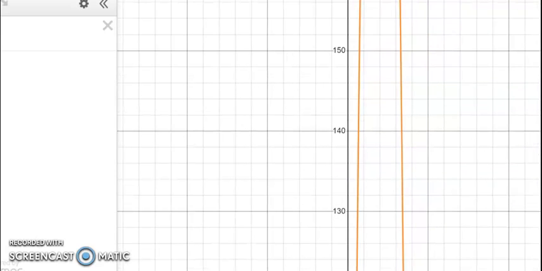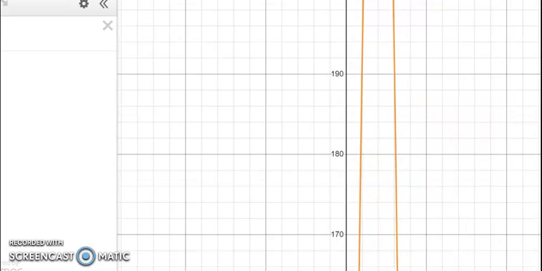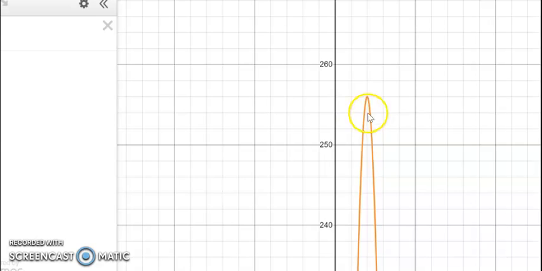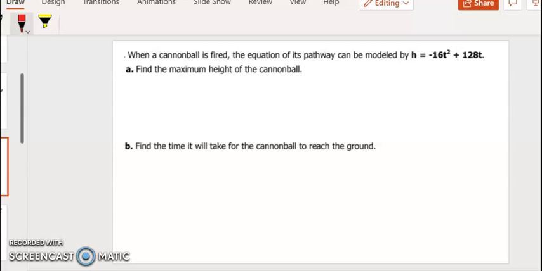You see how I'm moving that down? I'm just trying to get the top of this graph. Oh, there it is. Okay, so if I click on the graph, it's going to give me that point. All right, now this 256 is the maximum height.